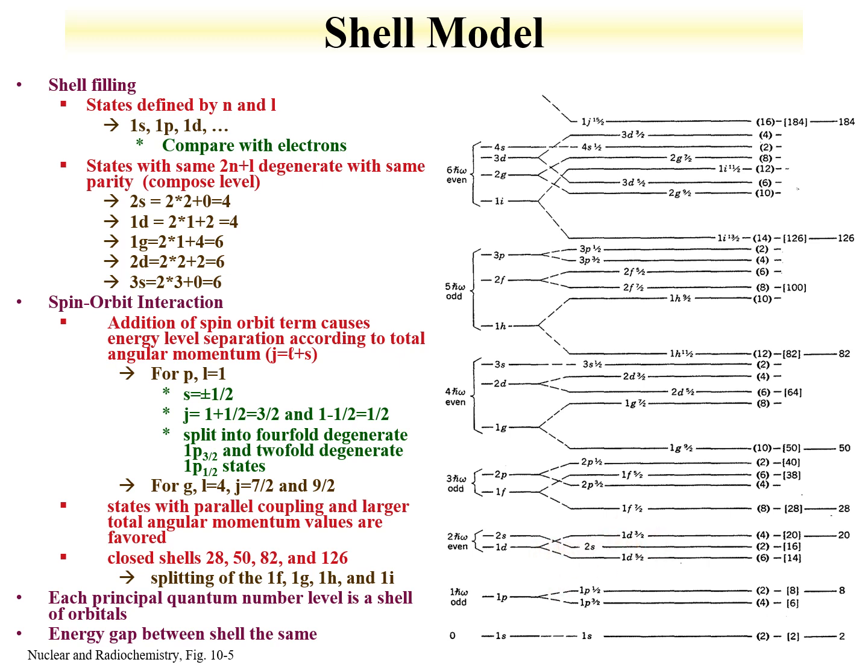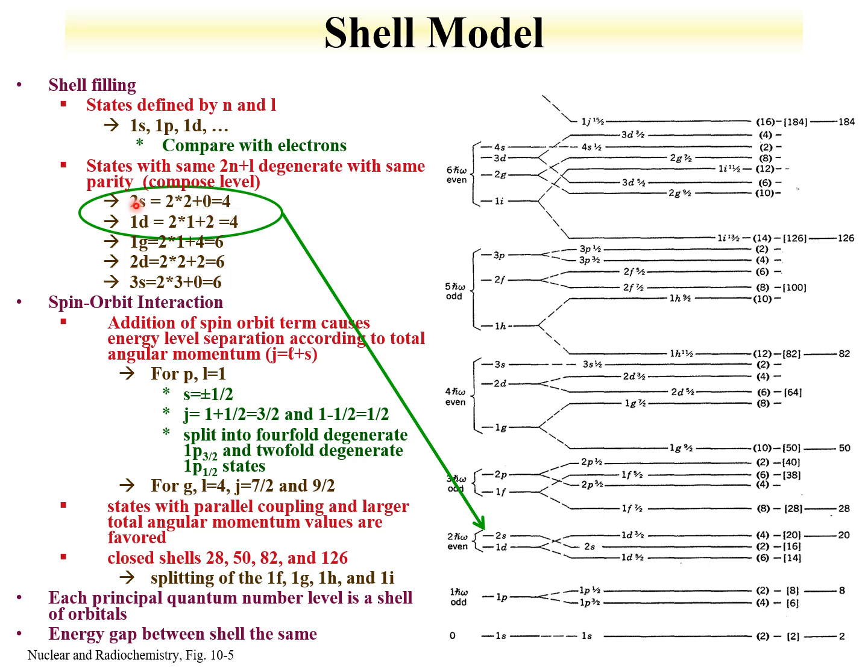Degenerate states: if I take 2 times n plus l, those with the same numbers, so n and l, so 1s, the n would be 1, the l would be 0. Those states with the same 2n plus l are going to be degenerate, and they'll be grouped together. As an example, if we look at this state here, which is composed of the 2s and 1d state, 2s, 2 times 2 plus 0 is equal to 4, right?